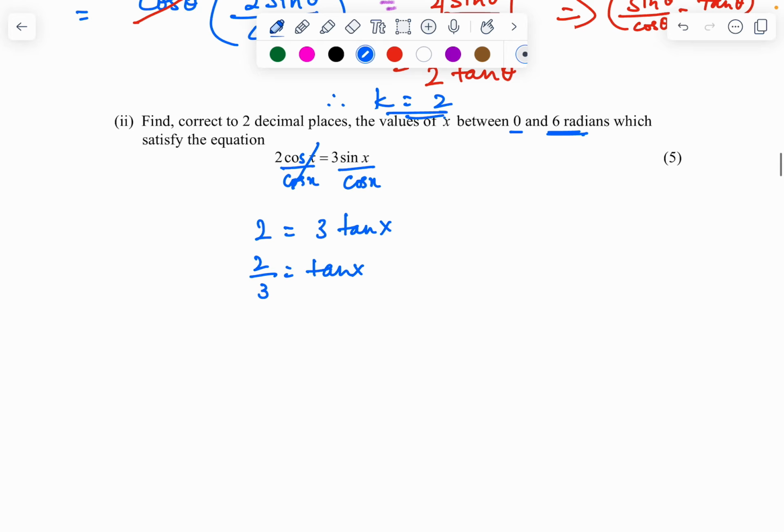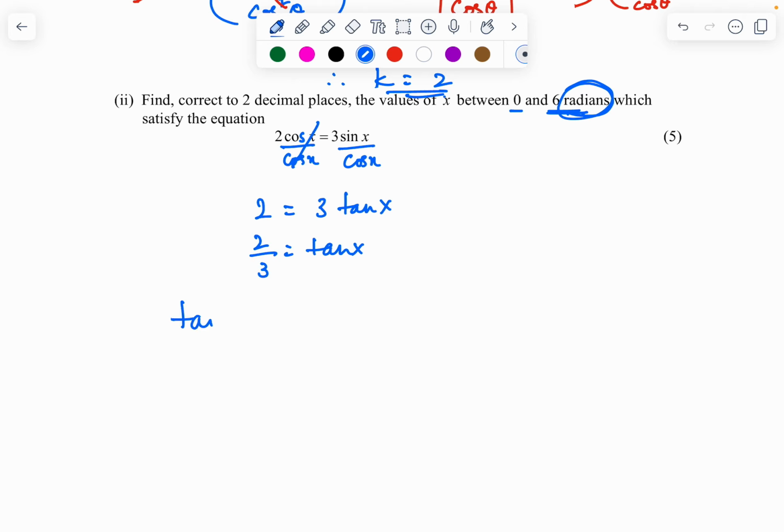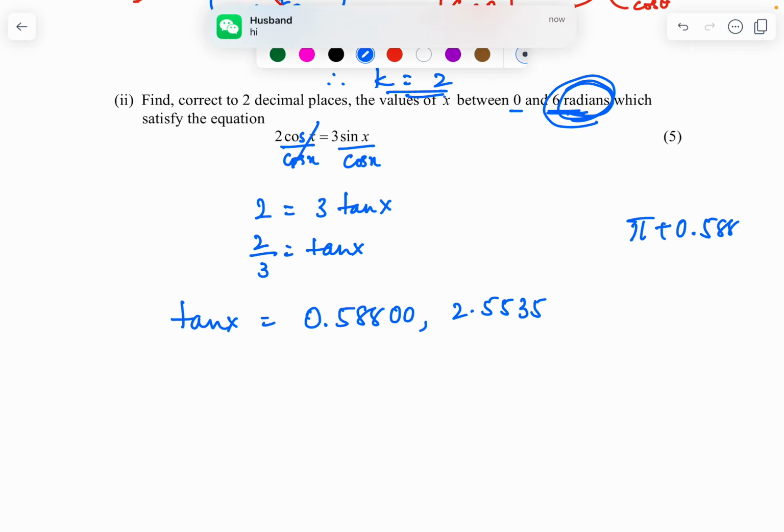Now I use the formula. Since this is in radians, change your calculator to radians. So you will get tan x equal to, first value is 0.588 and so on, and the second value is pi plus 0.588, so this gives me 2.5535. If you take one more value, it is going to be more than 6.